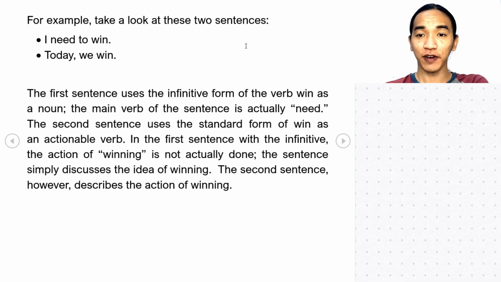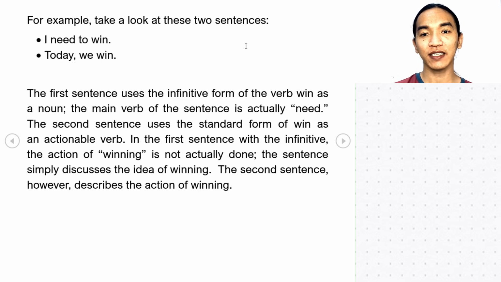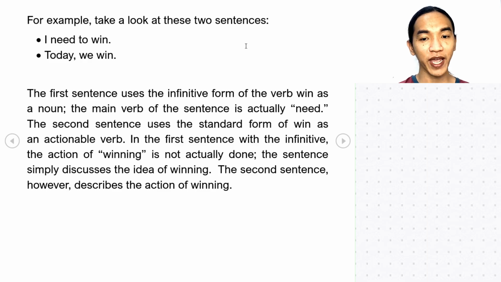Let's see more of that. For example, let's see these two sentences. I need to win. Today we win. The first sentence uses the infinitive form of the verb win as a noun. The main verb of the sentence is actually need. The second sentence uses the standard form of win as an actionable verb.